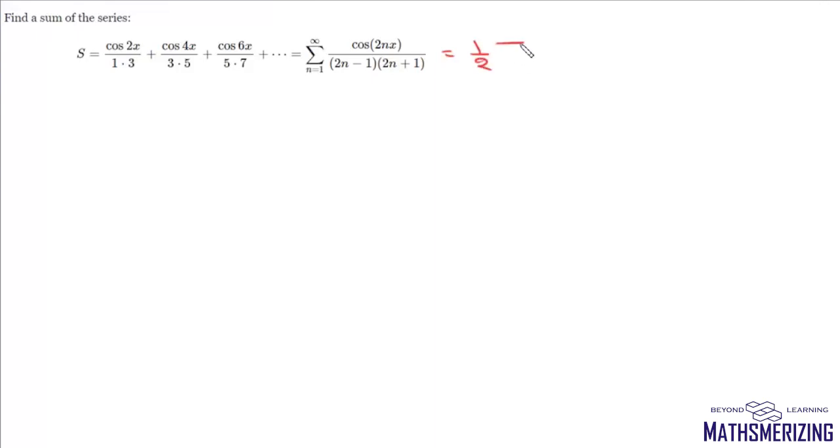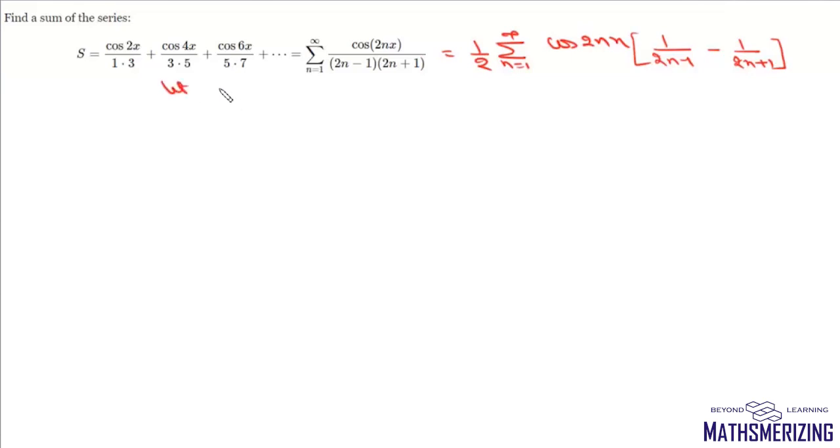So we can also write it as 1 by 2 and then this summation n varies from 1 to infinity cos 2nx, and this is 1 upon 2n minus 1 minus 1 upon 2n plus 1.